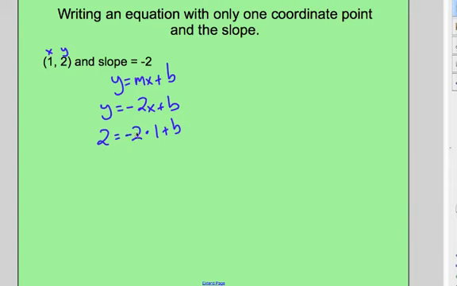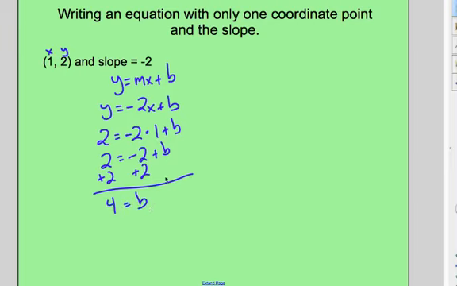Well, -2 times 1, sorry, that's -2 plus b. So 2 equals -2 plus b, and now I just solve that equation, add 2 to both sides, and I'm left with 4 over here and b on that side.